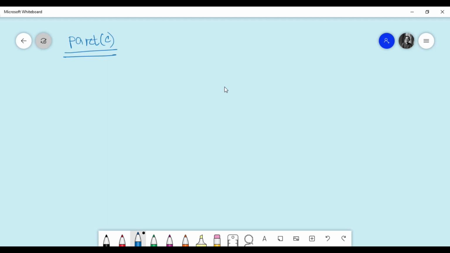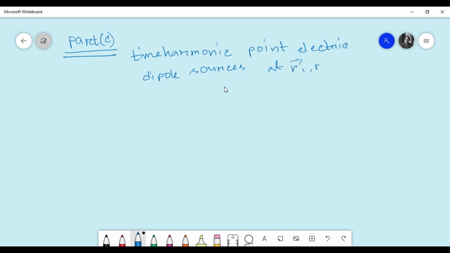In part C, it says to consider the current sources generated by time harmonic point electric dipole sources at some positions R1 and R2. So this generates J1 and this generates J2.